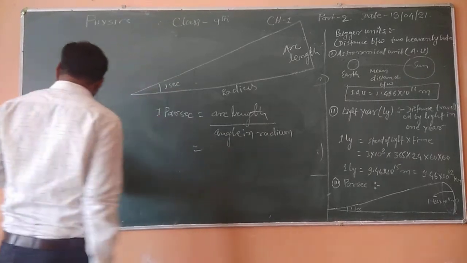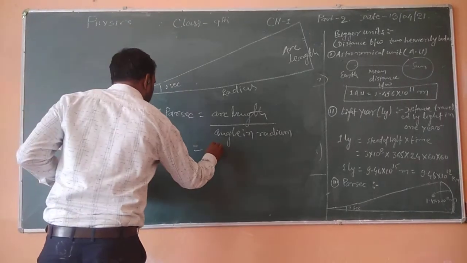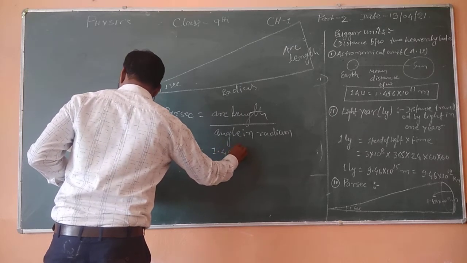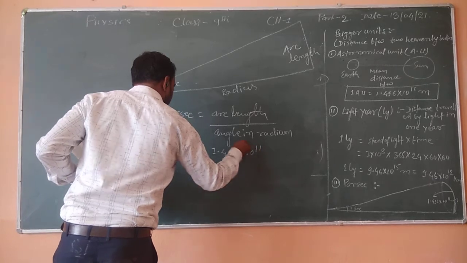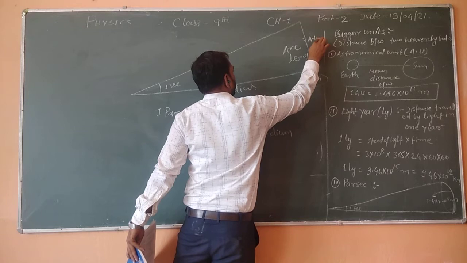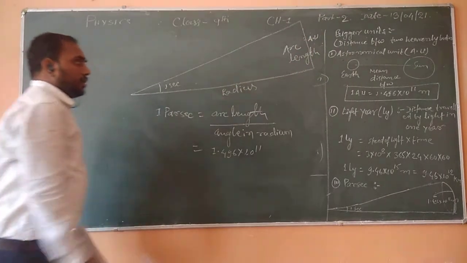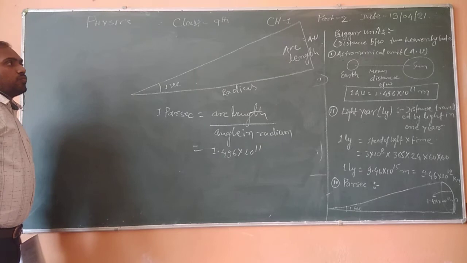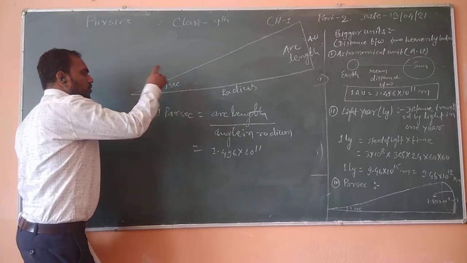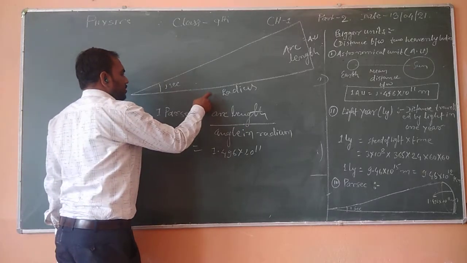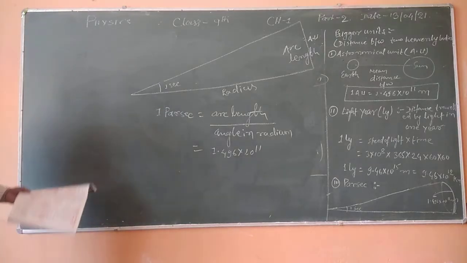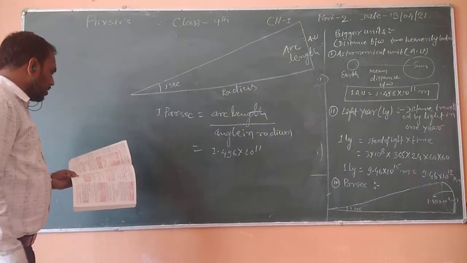That is, arc length is equal to 1.496 into 10 to the power 11, that is 1 astronomical unit. If we take an arc length of 1 astronomical unit and an angle of 1 second, then the distance of the radius will be called a parsec. Okay, that much distance is called a parsec.